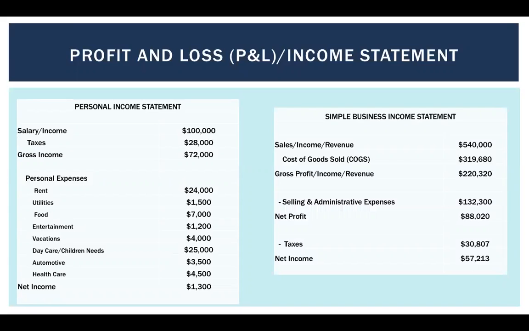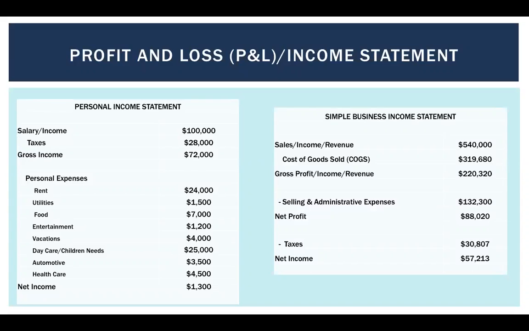So if you look at the left-hand side, a personal income statement, we start with, let's say you have a job. This is just an example. If you have a job, first you have your taxes taken off the top. This is how, if you work on your own, taxes are taken right off the top. And then your personal expenses, so these are your personal, let's say home or household expenses, you would list those below.